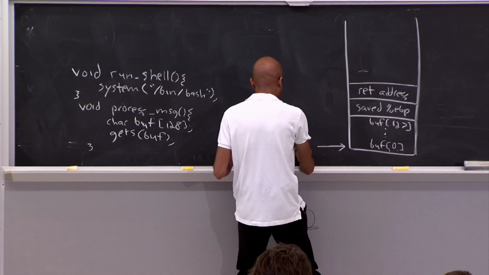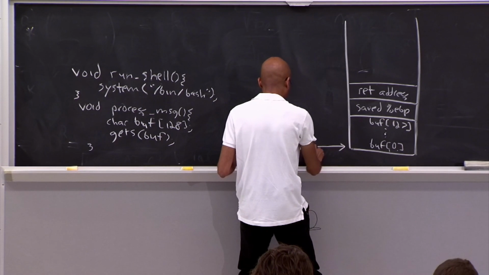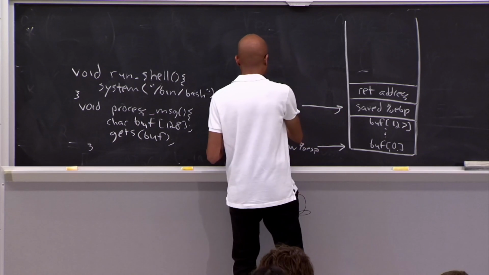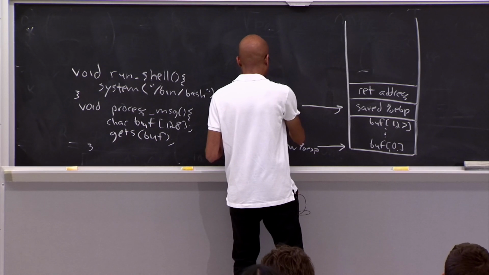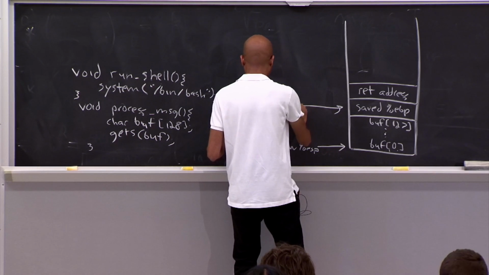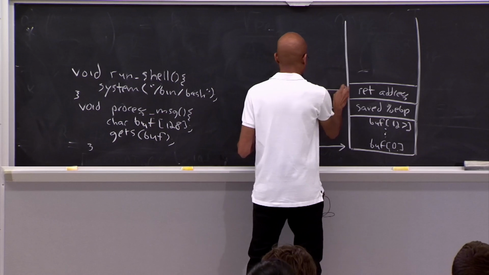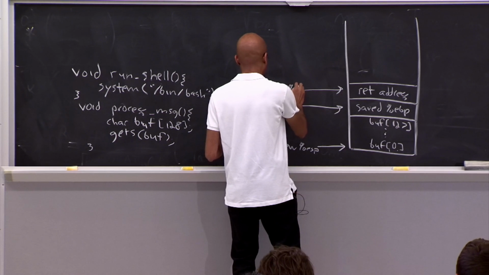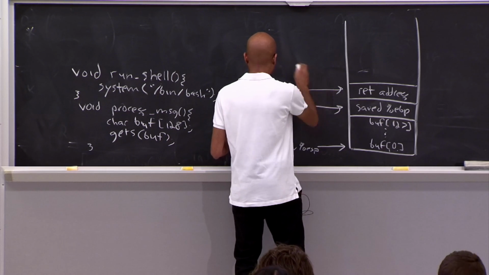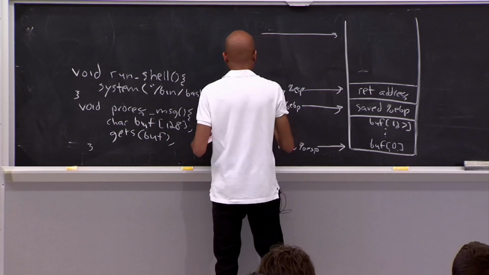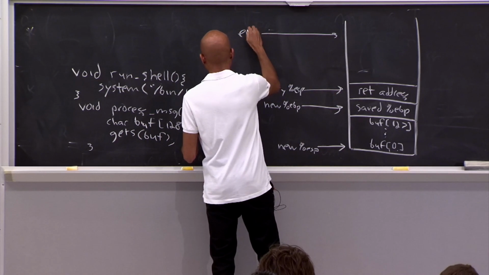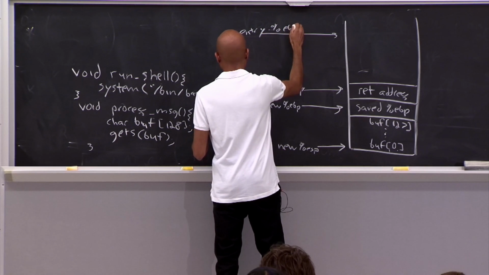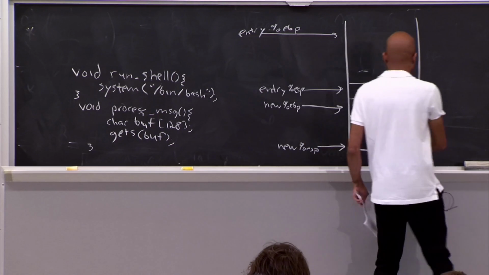Remember that the new stack pointer will be here initially when we start executing the function. This is the new base pointer. This is what the stack pointer used to be. And then we've got some base pointer up here for the previous frame. OK, so this should look pretty familiar.